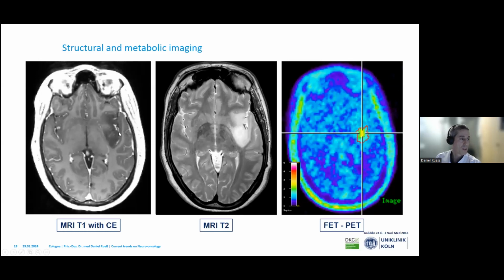And you see here in this example, if you imagine the MRI or T1, that you have to decide where to take the biopsy here, it's kind of difficult. But if you have the amino acid PET, it would be easier just to decide where is my region of interest and where should I take the biopsy. I think that improves our results.